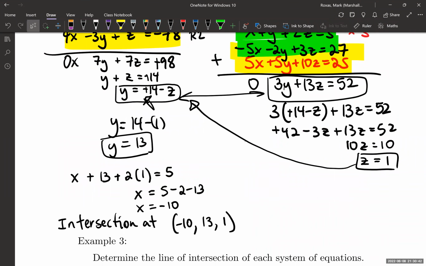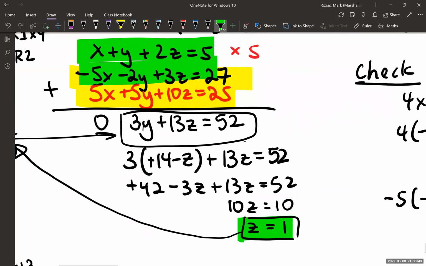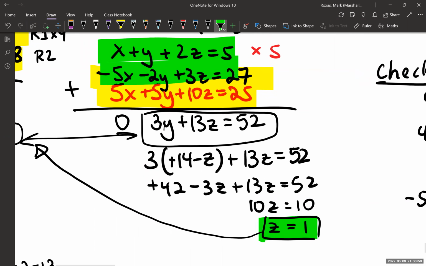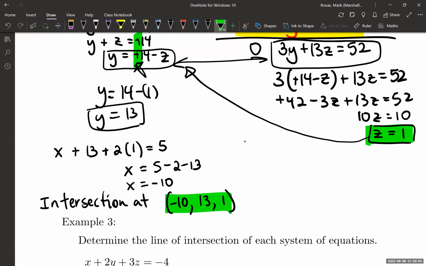Or if I left the negative 14 here, I would have a really bad answer for z, but I still would have had a z, and that z would have given me an intersection. But if I didn't check the intersection point with the other 2 equations, I wouldn't know that I had gotten it wrong. So luckily we caught the mistake as we went through, and we got it right.